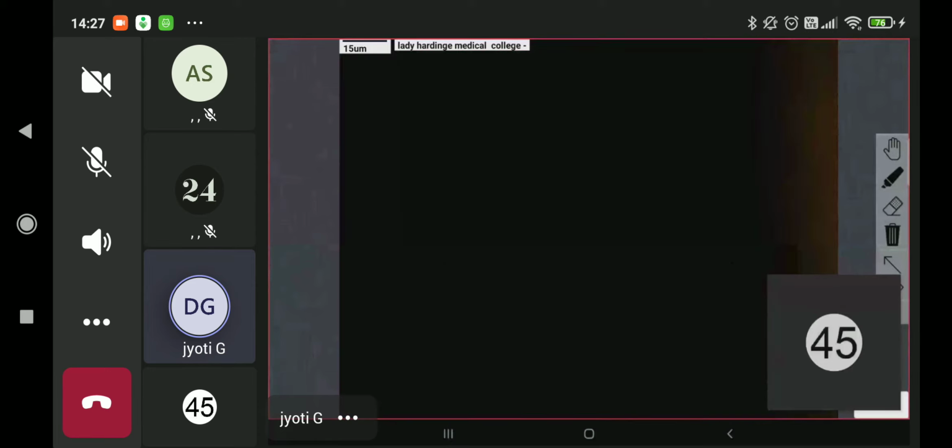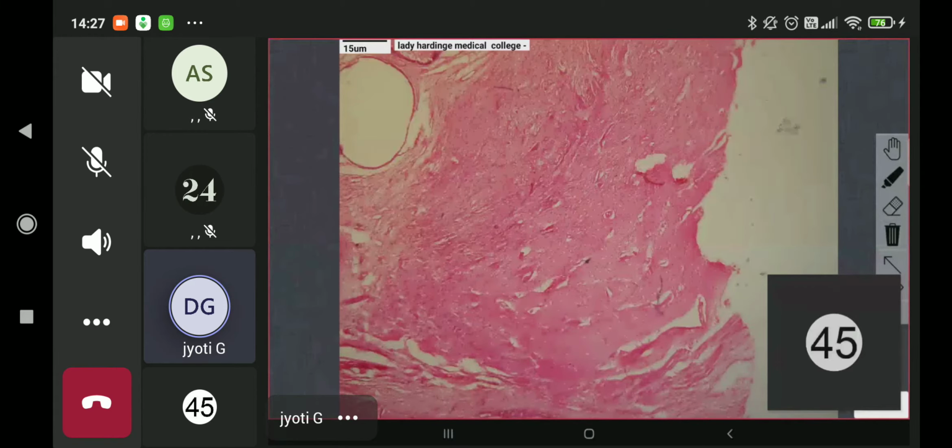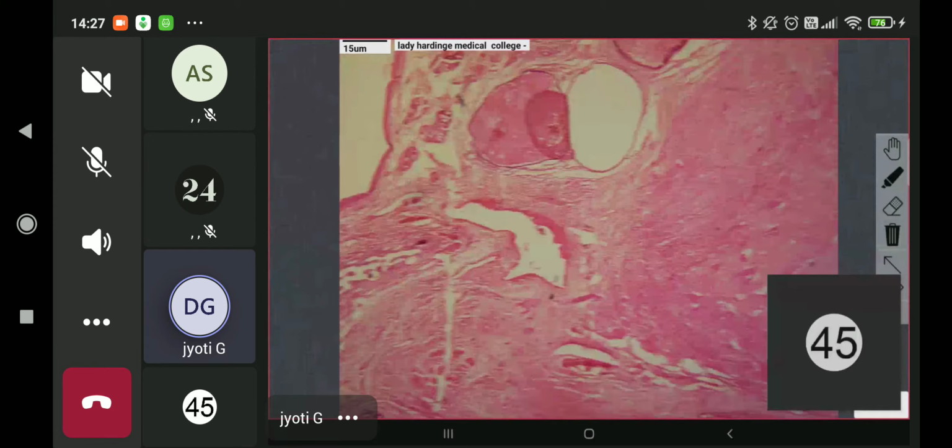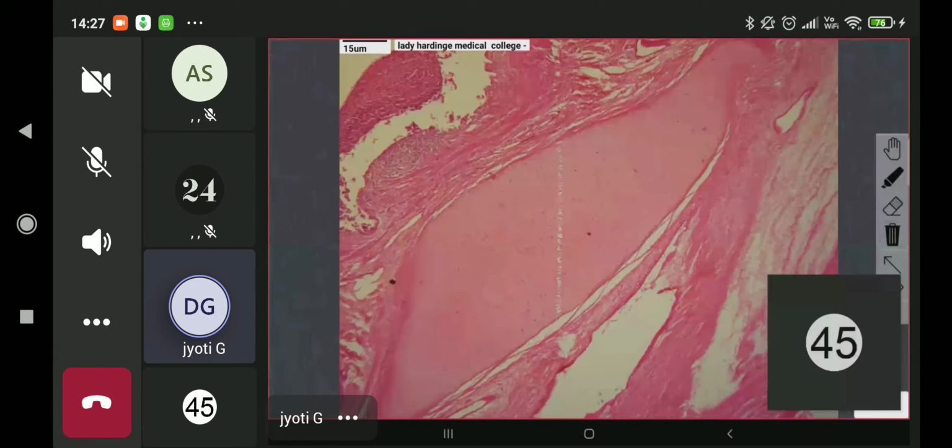And now I want to show you cartilage. And cartilage is derived from which germ cell layer? Anybody? See this huge cartilage. This is cartilage.